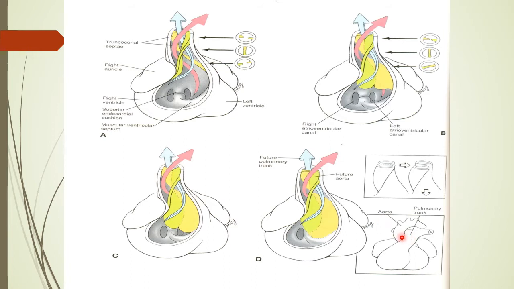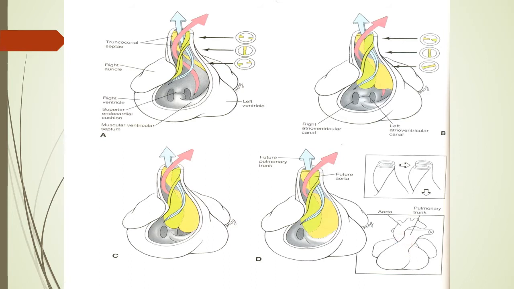So this is how it is divided, and then this is a sketch of the adult heart, which shows the pulmonary trunk and the aorta making a spiral around each other. Gross anatomy wise, the pulmonary trunk and ascending aorta are arranged around each other in a spiral manner.